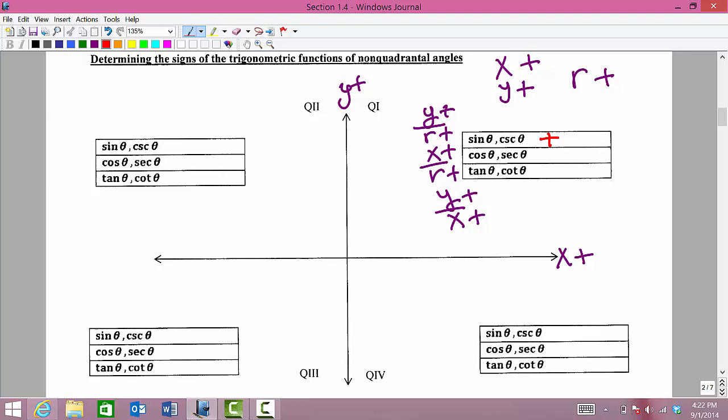Cosine and its reciprocal secant will be positive. Tangent and its reciprocal cotangent would be positive. So all trig functions in quadrant 1 would be positive for any angle whose terminal side lies in quadrant 1.